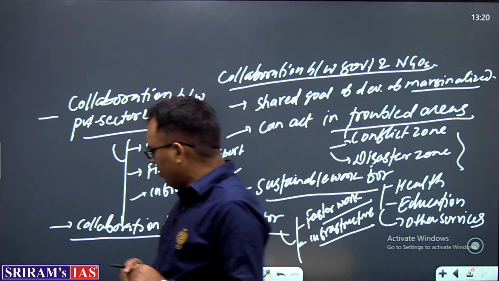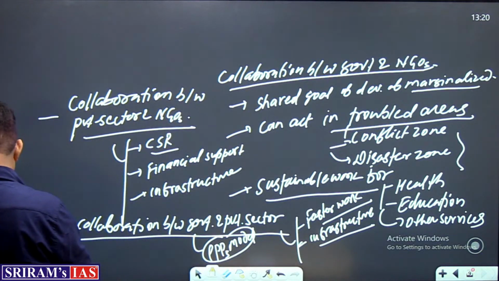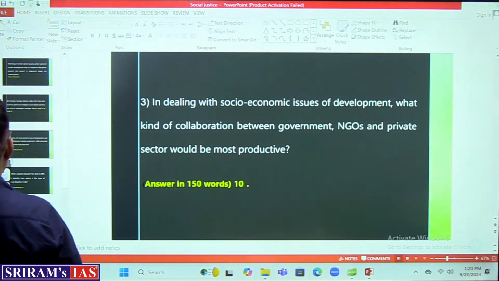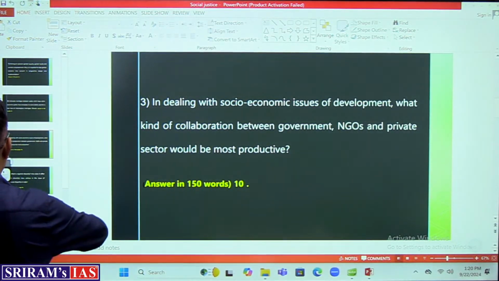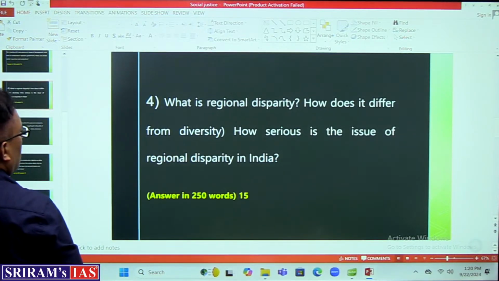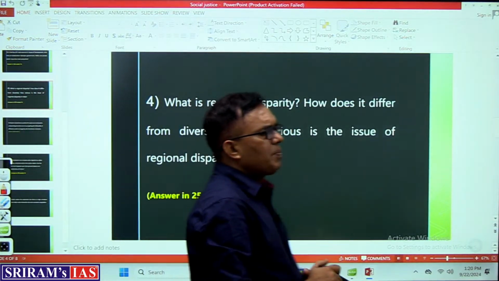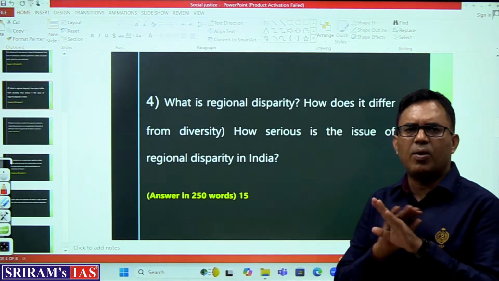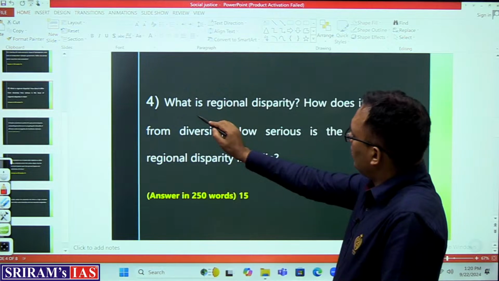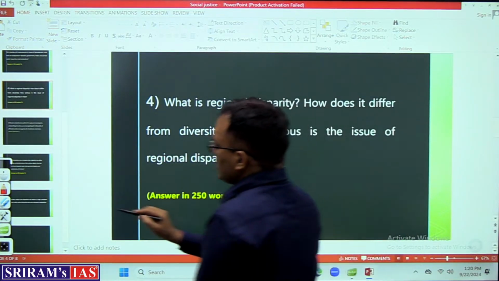Next question that we have, that is what is regional disparity? This is the simplest question. Here we are not required to make much intellectual efforts. Question is what is regional disparity?